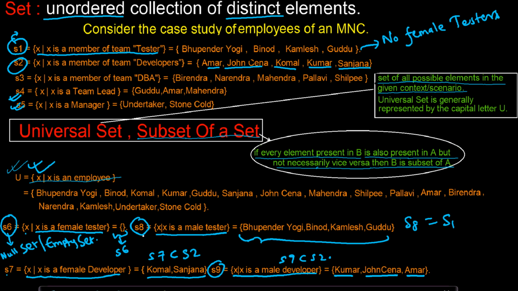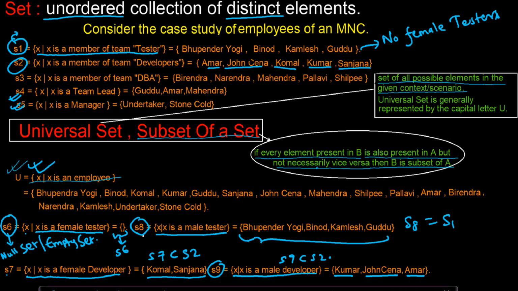So any other set that you are defining, like you are defining set S1 to be the set of testers, or S2 to be the set of developers. Any other set that you are going to define, the elements in it are going to be present in the universal set, because the universal set is a broad definition, all definitions combined.